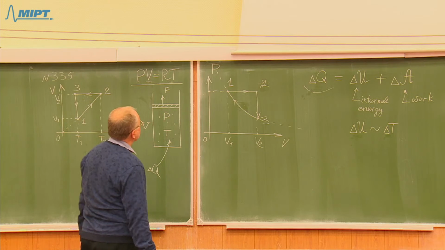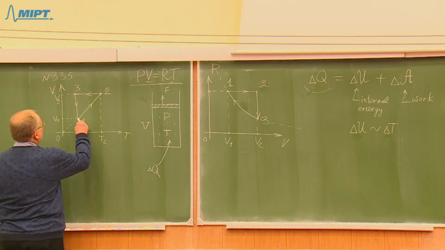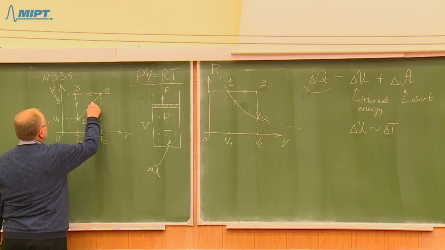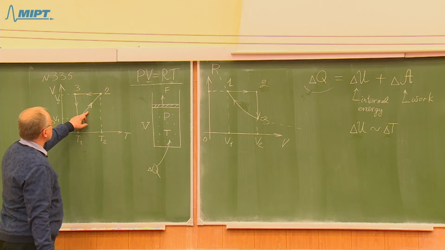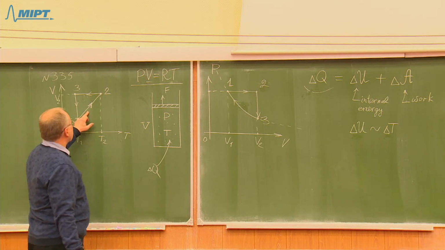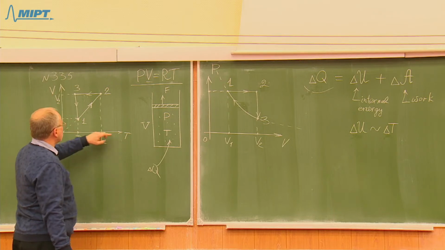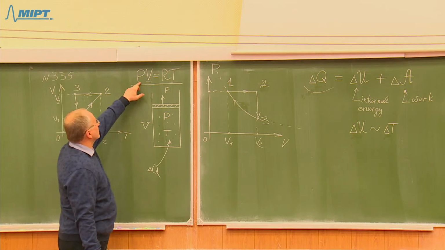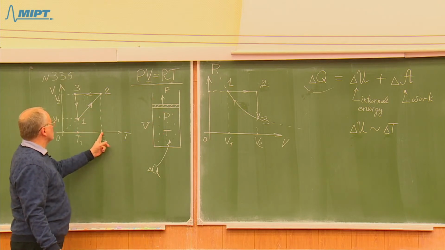Well, let's consider process number 1. From point 1 to point 2. That is the first process. During this process, we discussed it, the gas volume is proportional to the gas temperature, and pressure doesn't change. But temperature increases from T1 to T2.